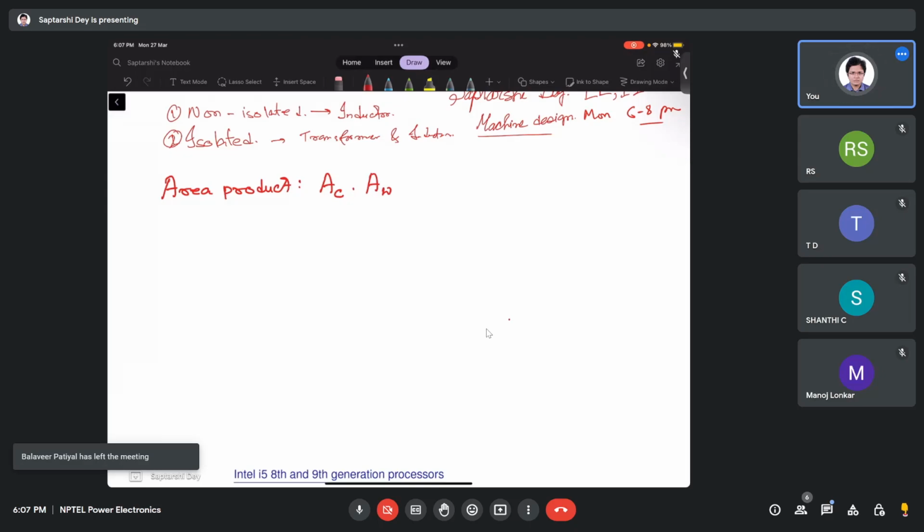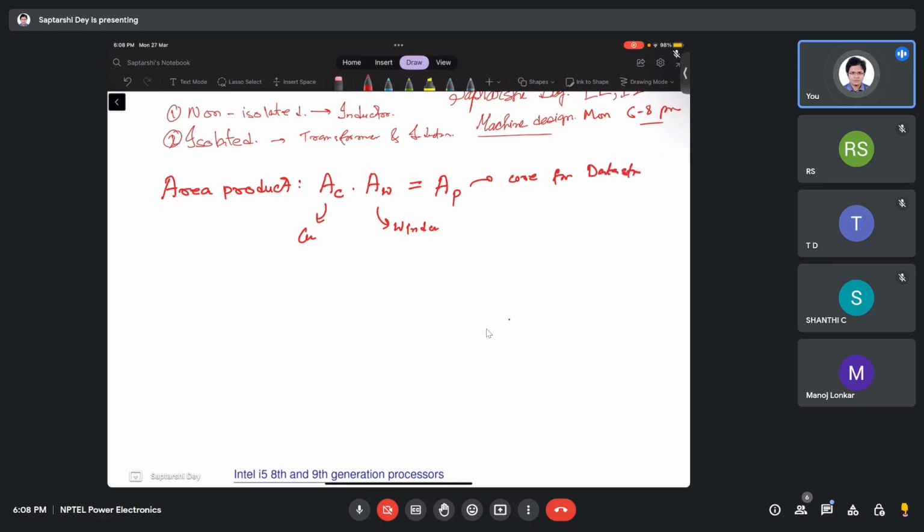AC is the copper area that we need, and AW is the window area that we need. The multiplication of AC times AW is the AP, the area product, which helps us in choosing the core from the data sheet.